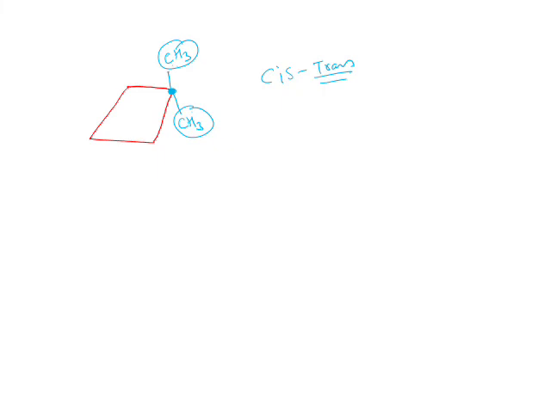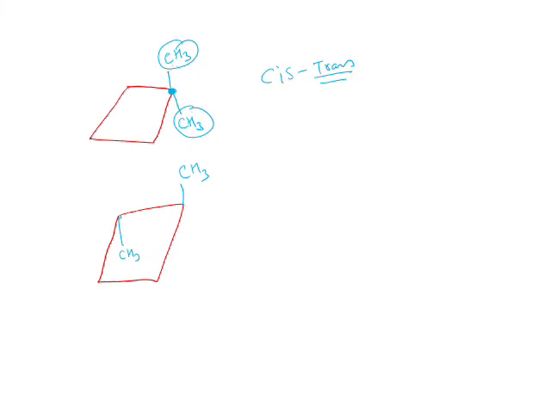But if one of the substituents were attached from here, if it was like this, then it's possible to have a cis and trans isomer.